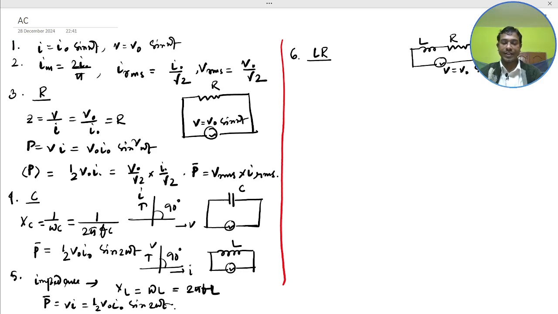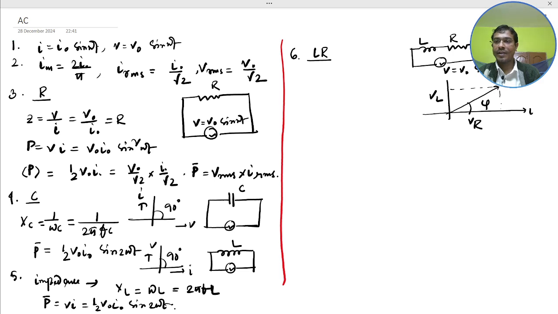So for the LR circuit, this is the component, this is V, and here this is the VR, this is phi, this is VL, and here is the I.